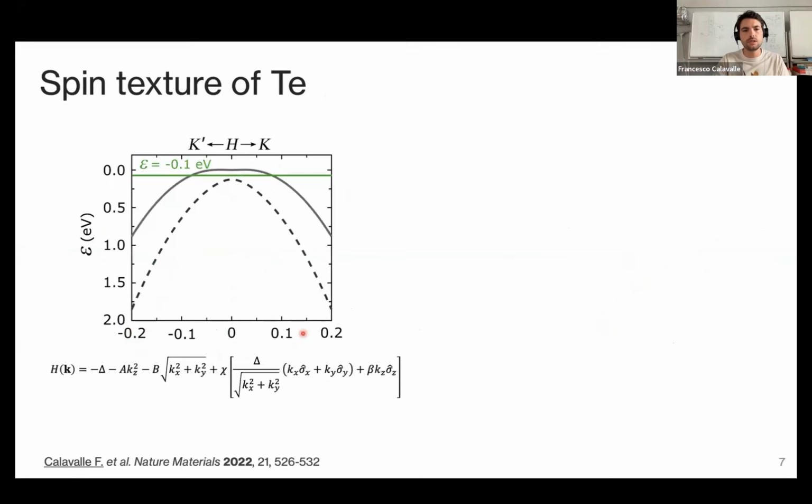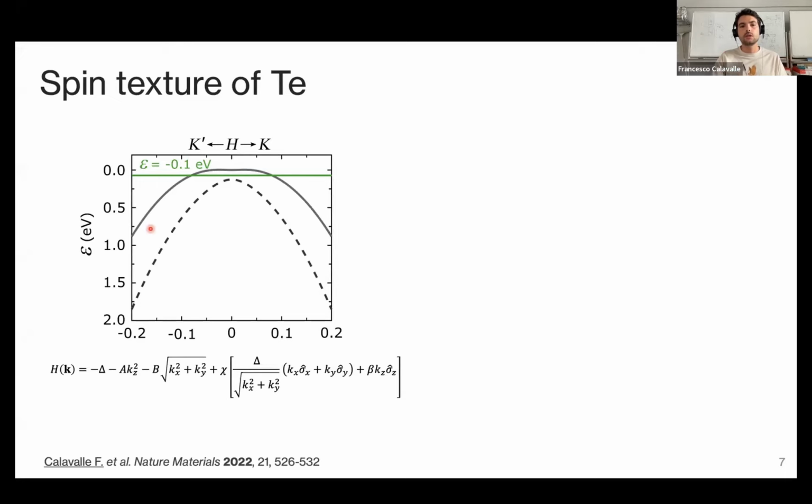If we take a zoom here with an effective Hamiltonian model developed also by our collaborators in Germany, we can see how we have these two spin-split bands, and we can also see that they have opposite spin polarization with spin-momentum locking.